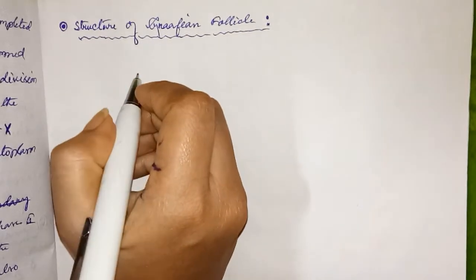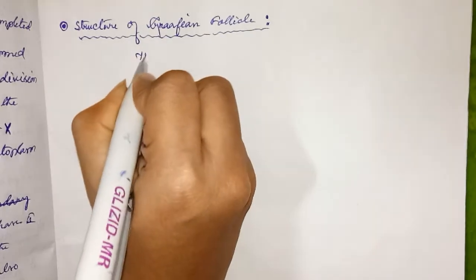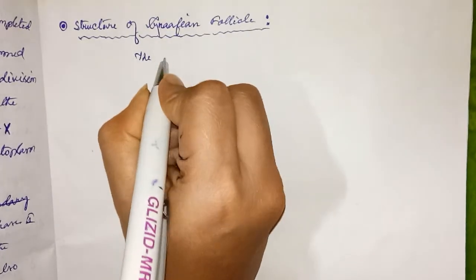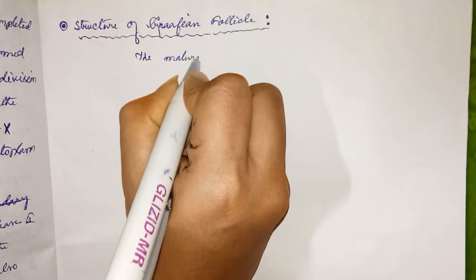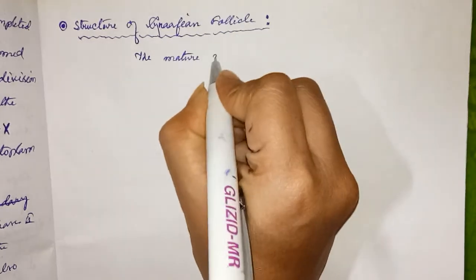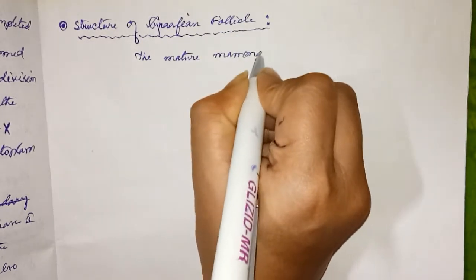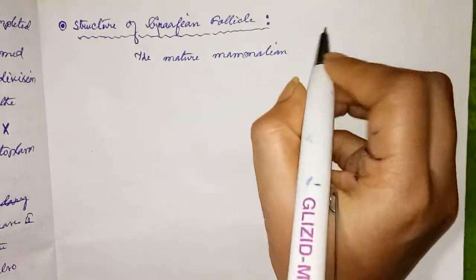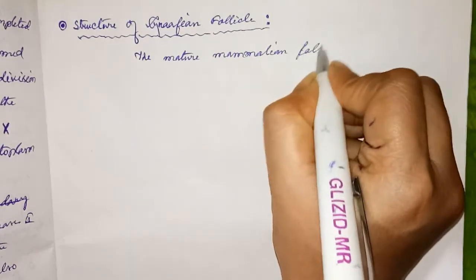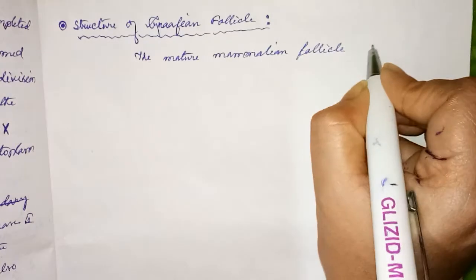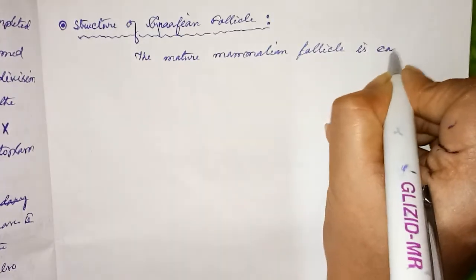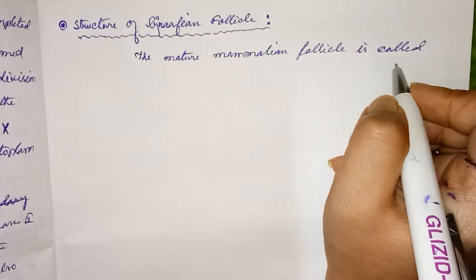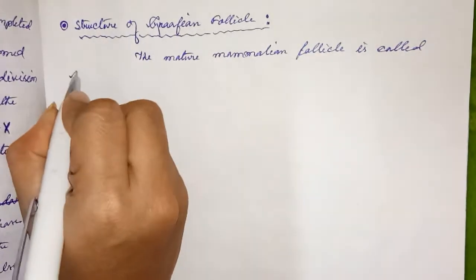So now first, the mature mammalian follicle is called Graafian follicle. So what is Graafian follicle actually? The mature mammalian follicle is called Graafian follicle.